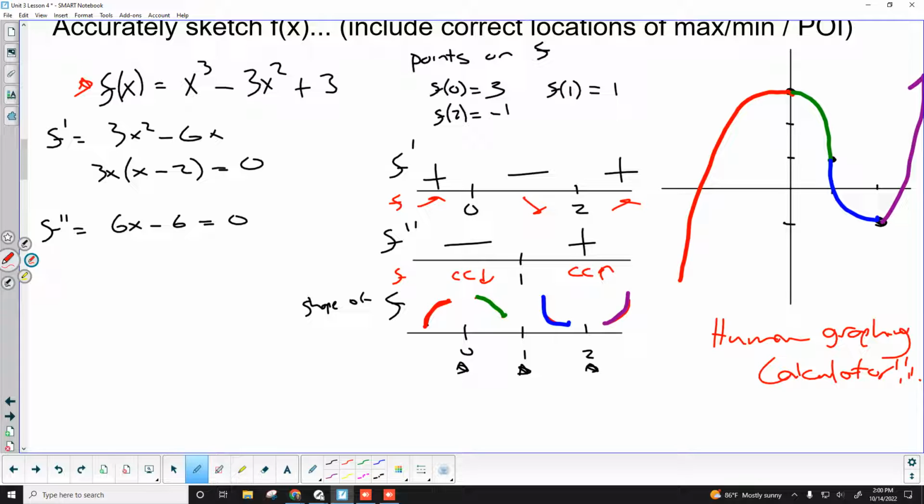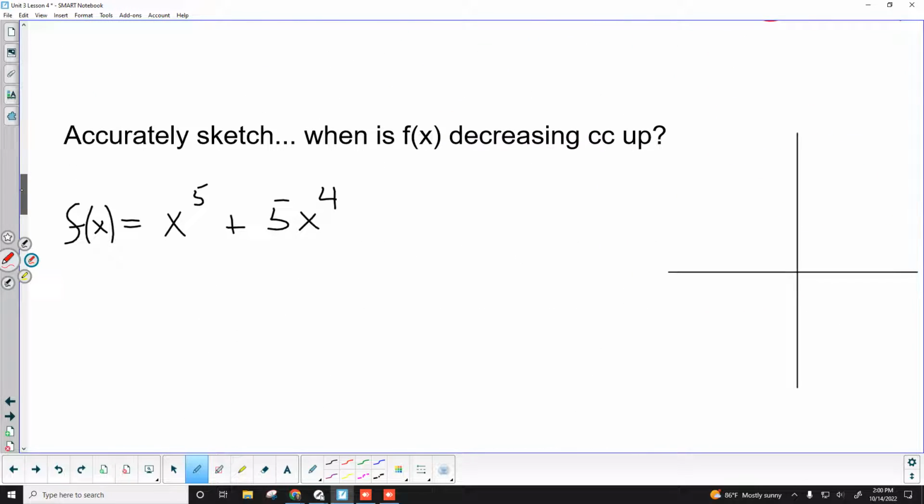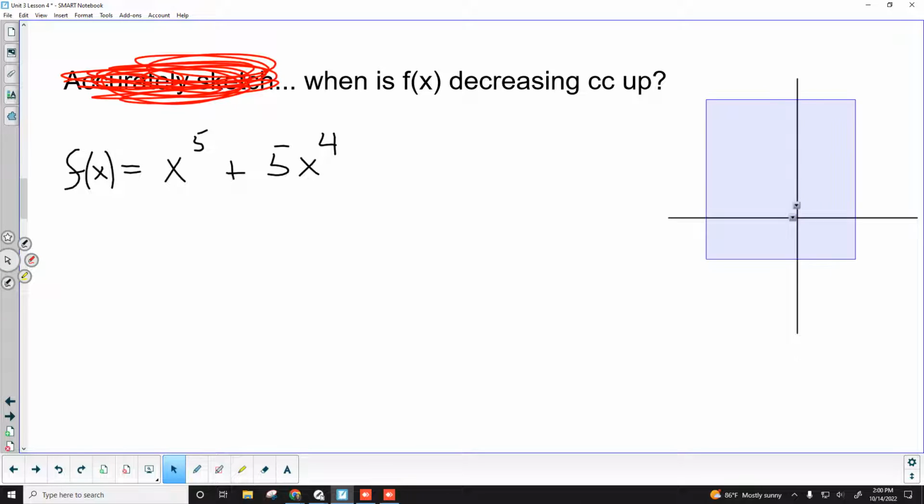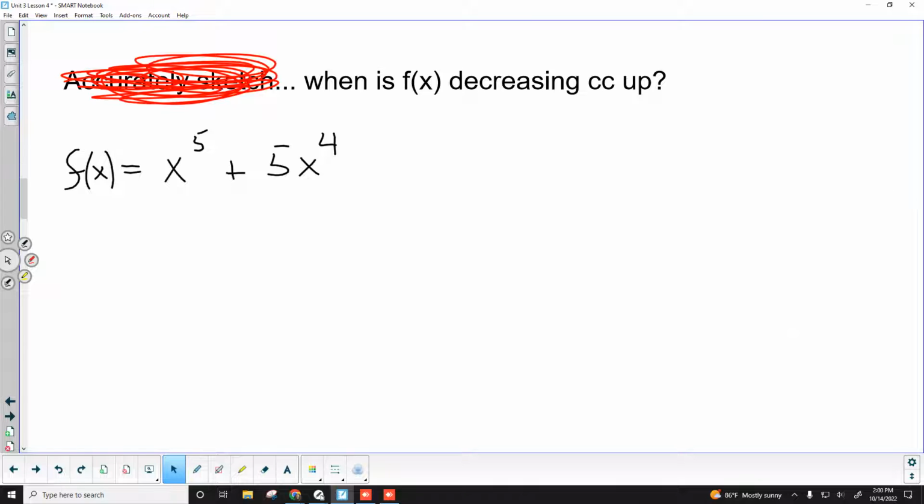So you'll still have questions that require you to think like a human graphing calculator, but not go all the way here to have the graph, okay? And here are the questions that you are going to see. So here's a function. Don't worry about accurately sketching. So like I could throw away this graph because I don't need it. But, and this is what most of your questions on your test are going to be like, tell me, when's this function decreasing concave up?